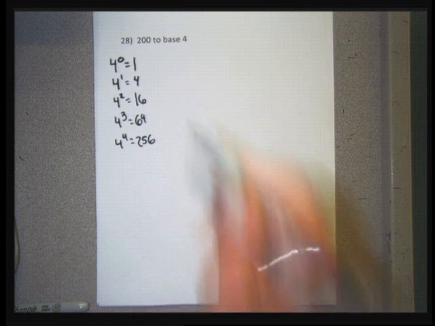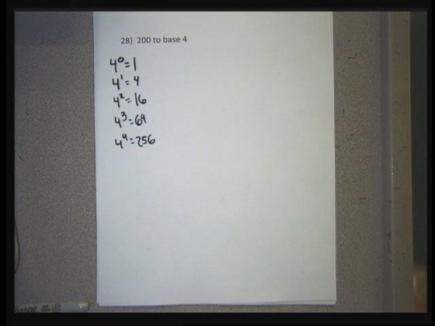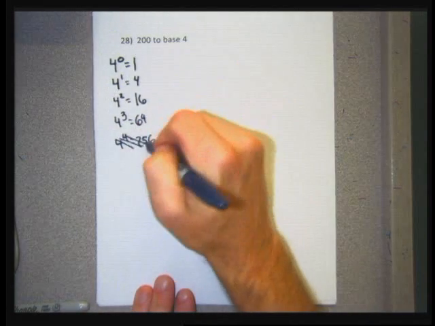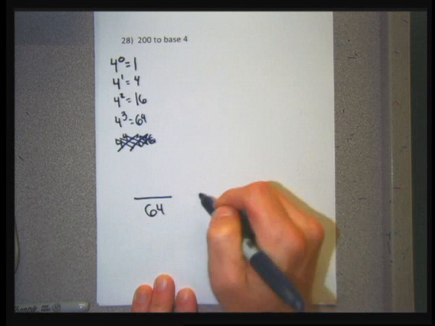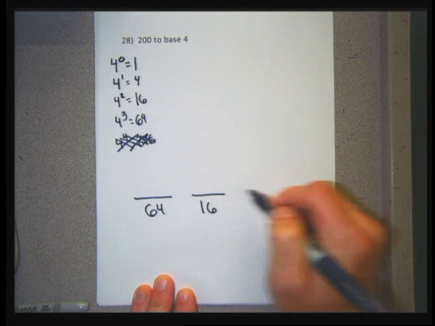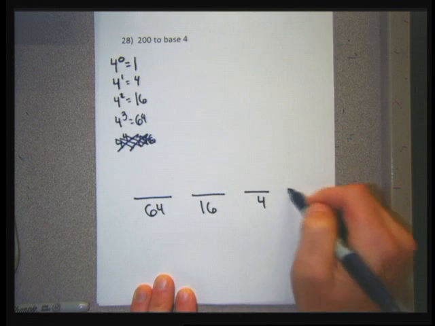So the powers of 4 are 4 to the 0 is 1, 4 to the 1 is 4, 4 squared is 16, 4 cubed is 64, 4 to the 4th is 256. I cross out the 256 because it's too big, and in my answer blank, I'm only going to subtract the numbers 64, 16, 4, and 1.